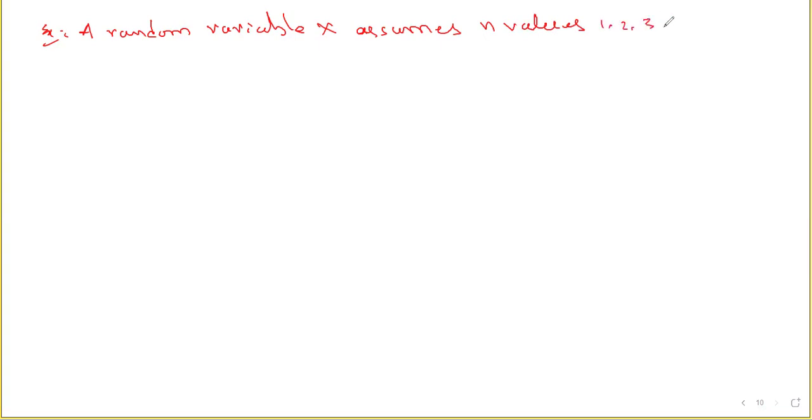Next, we go for the example here. A random variable x assumes n values, it means that it takes the n values, say 1, 2, 3, and so on up to n, with equal probability.